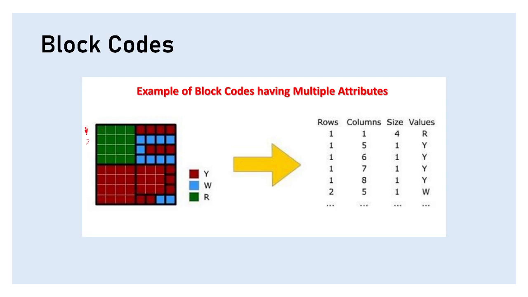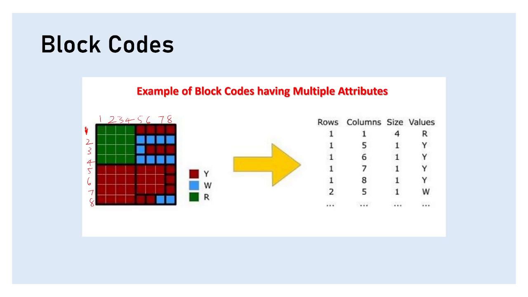I'll just write the numbers so I don't get confused: 3, 4, 5, 6, 7, 8. So what we are doing here is, the first row, first column, basically we can make a 4 by 4 size of R. So the size is 4, that is R. In the first row itself, the 5th one, you have a single square, right?